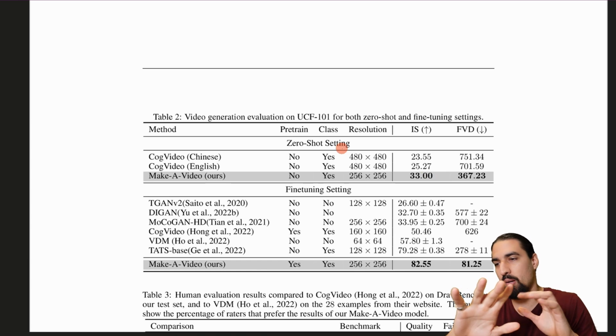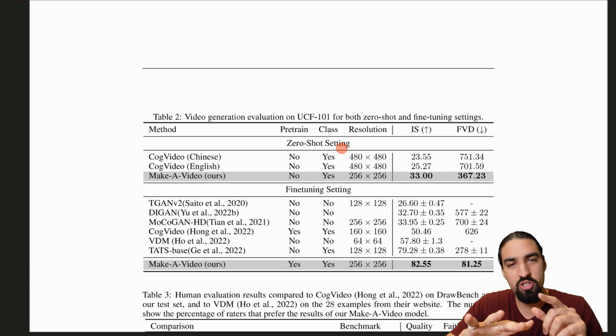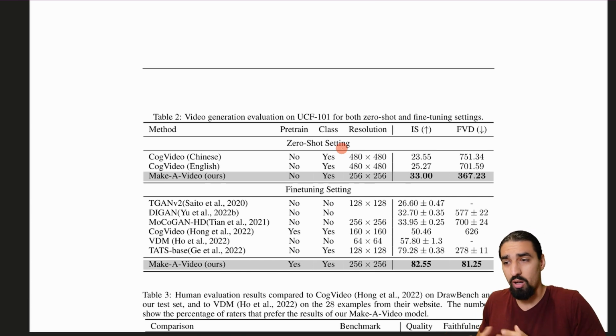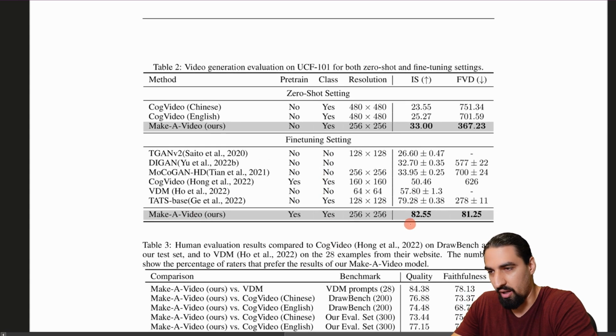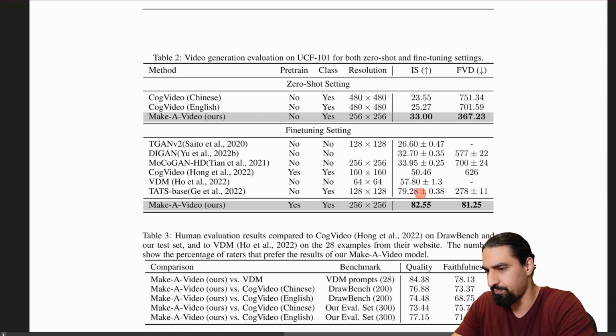Now I'm not sure about the overlap between LAION, which they are using for training Make-A-Video, and UCF-101. So there might be some data pollution there, but if not, then these results are super fascinating. And also you can see in the fine-tuning approach, Make-A-Video again heavily outperforms all of the baselines.